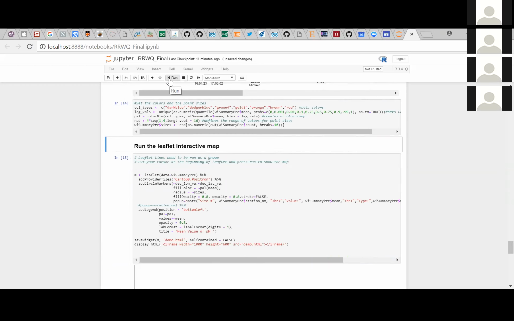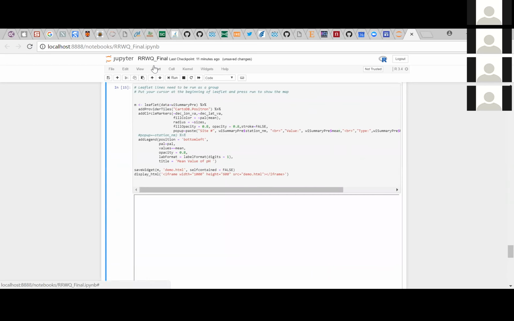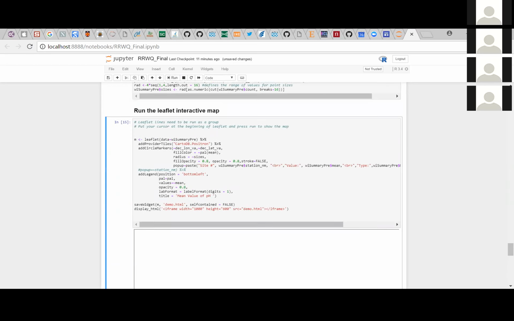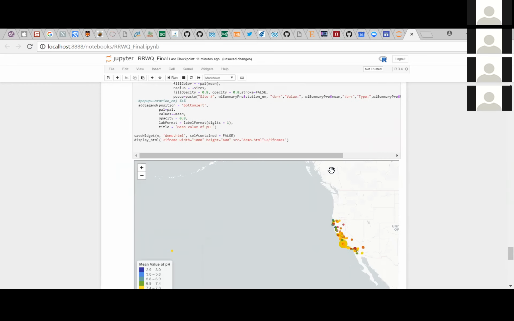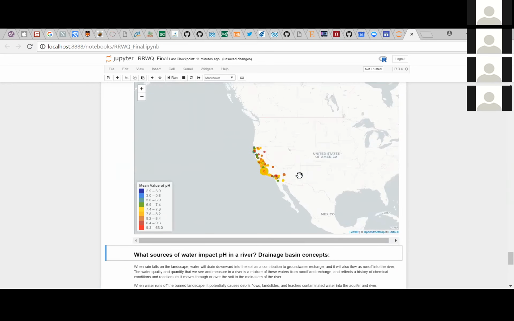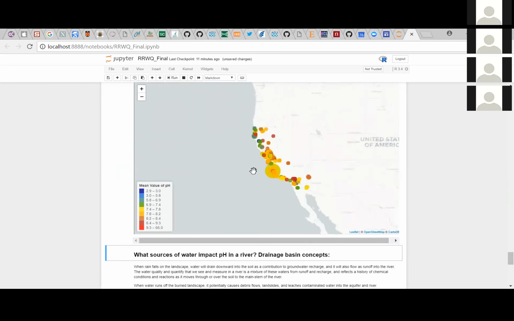And the leaflet package allows you to create these HTML files and then run them within the Python notebook. So we'll let that run, and then, okay, there we go. So here's our interactive map, and this is showing pH values across the state of California.